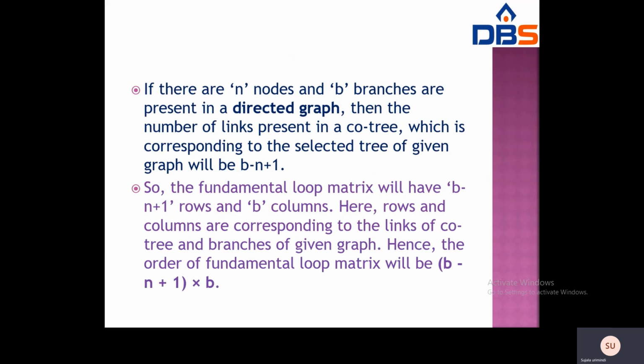Tie-set matrix: if there are n nodes and B branches in a directed graph, then the number of links present in a cotree, which corresponds to the selected tree of the given graph, will be B minus n plus 1. So for any network there is a number of nodes.